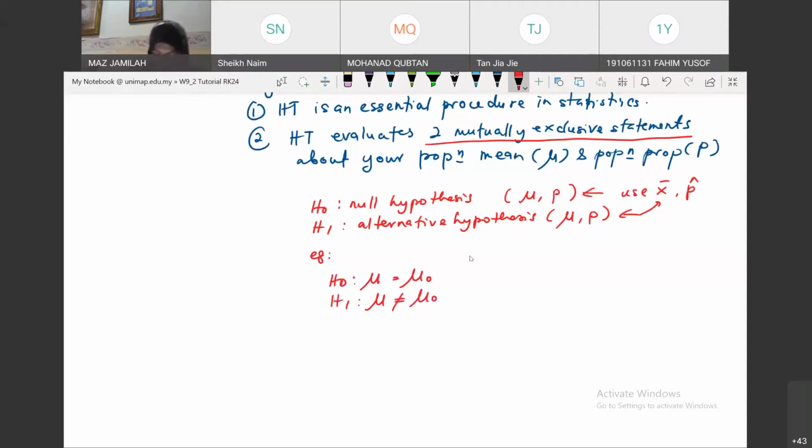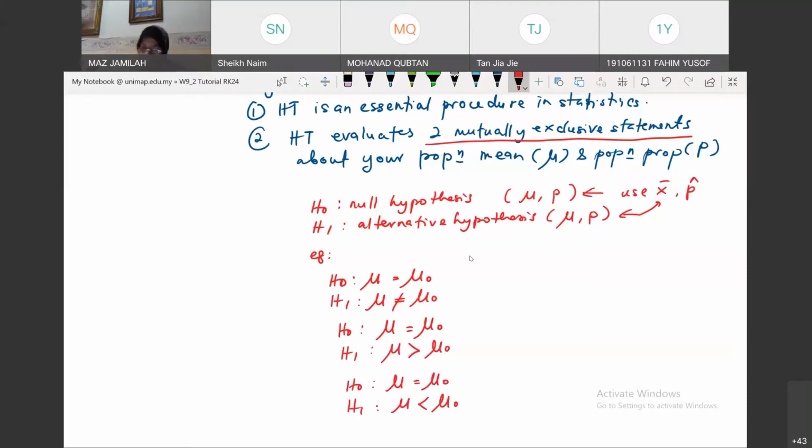And you can also have null: mu equal to mu not, and H1 would be mu greater than mu not, or the third one, H naught: mu equal to mu not, H1 is mu less than mu not.